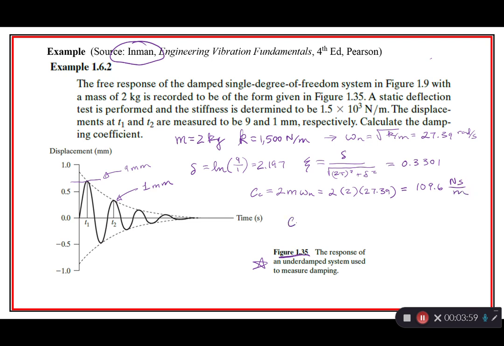Therefore, taking the damping factor times the critical damping, we can find the value. So it's 0.3301 times 109.6, and we get 36.17 newton seconds per meter. Here is the thing that we want to get, and that's my last example for log decrement type of things.